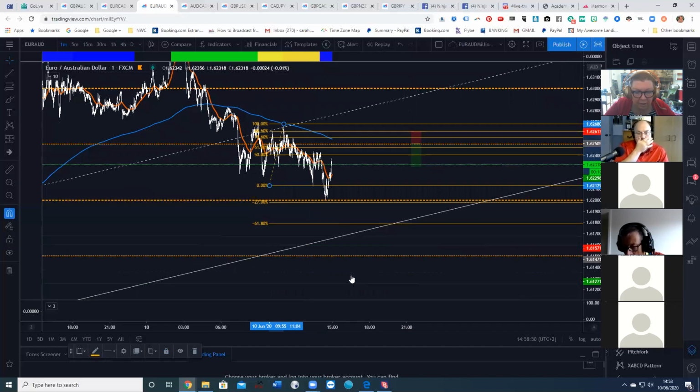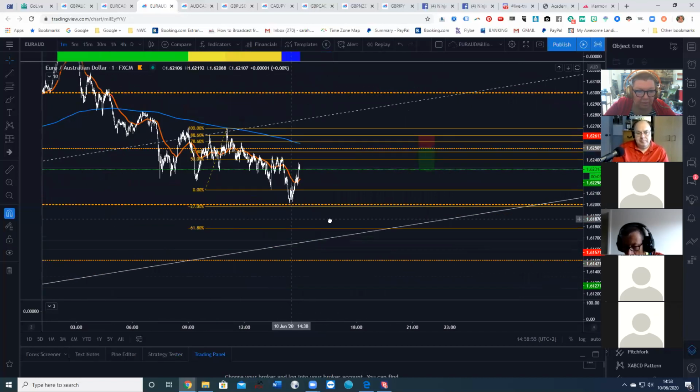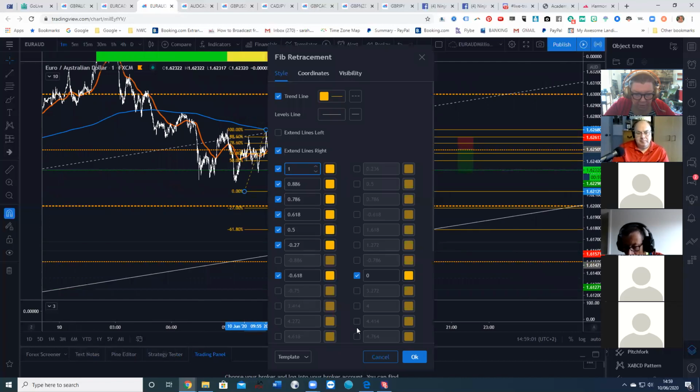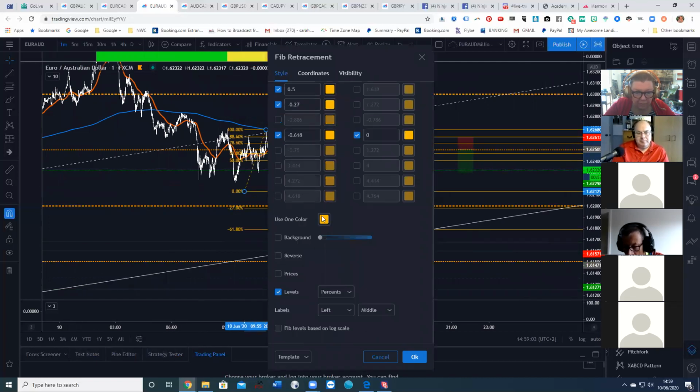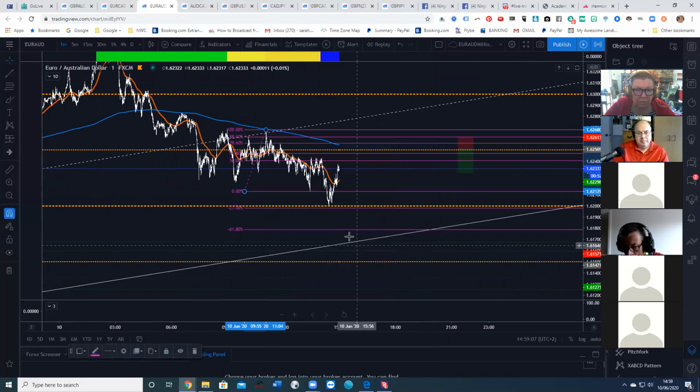So it's back, yeah, just what we originally discussed. That's how I would be looking at it. I'll put this in pink, so you don't get confused with the orange quarter theory.